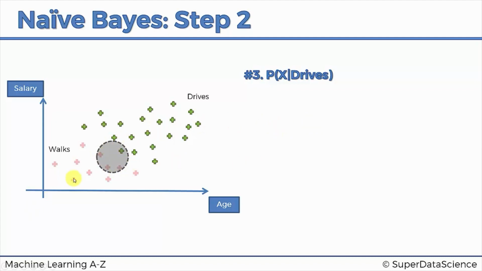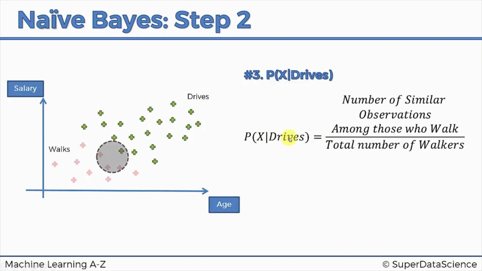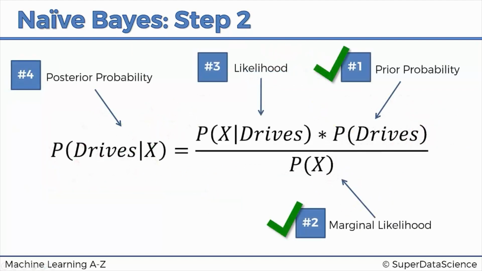The likelihood of that is 1 over the total number of green dots. So P of X given that they drive to work is the number of similar observations among those who drive, inside here, which is 1, similar meaning similar to our new point that we're adding, divided by the total number of drivers, which is 20. So 1 over 20, that is our likelihood.